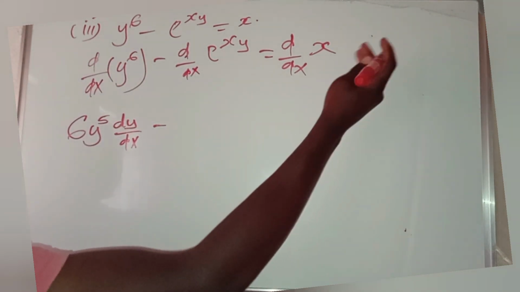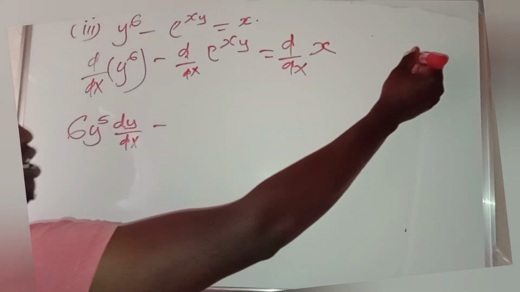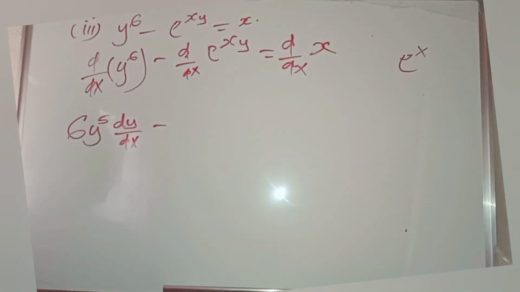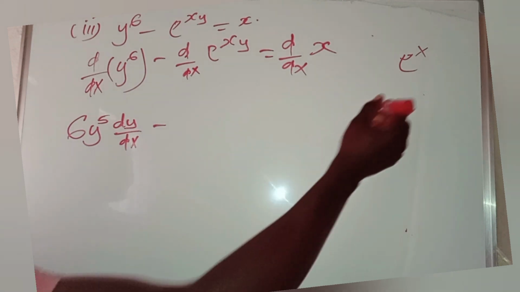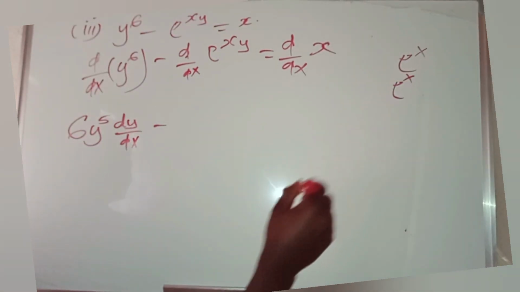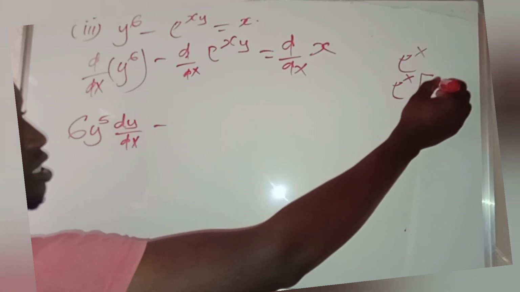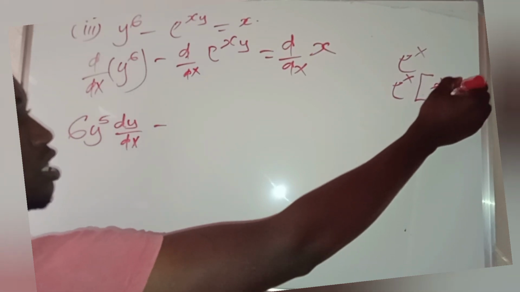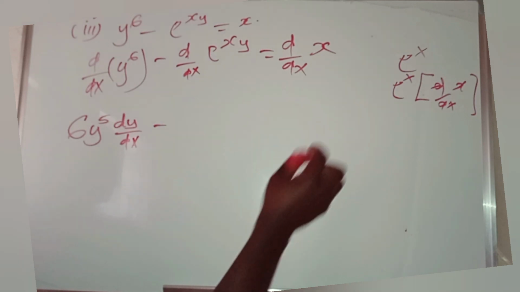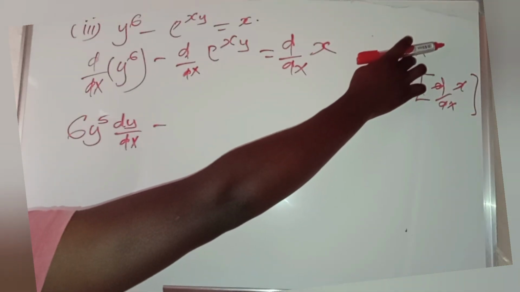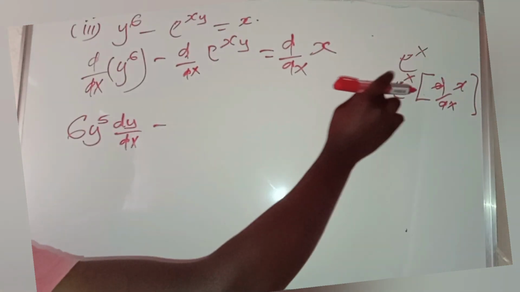Remember, if you have something, find the derivative of exponential x. How do you go about it? You remain with this, then you find the derivative of x. You see?